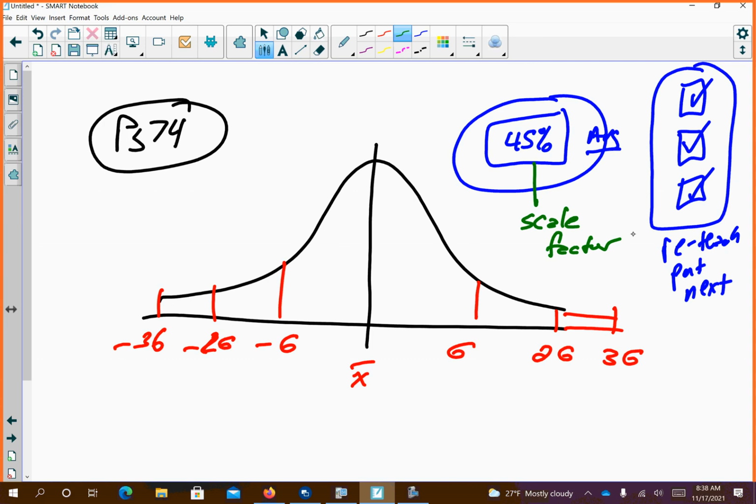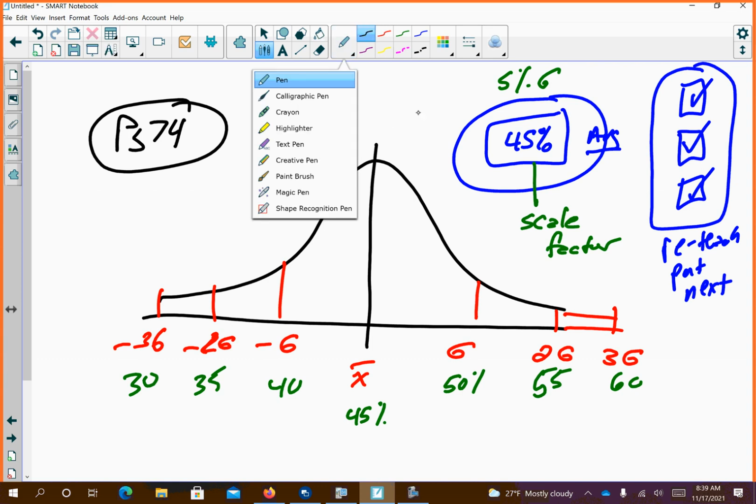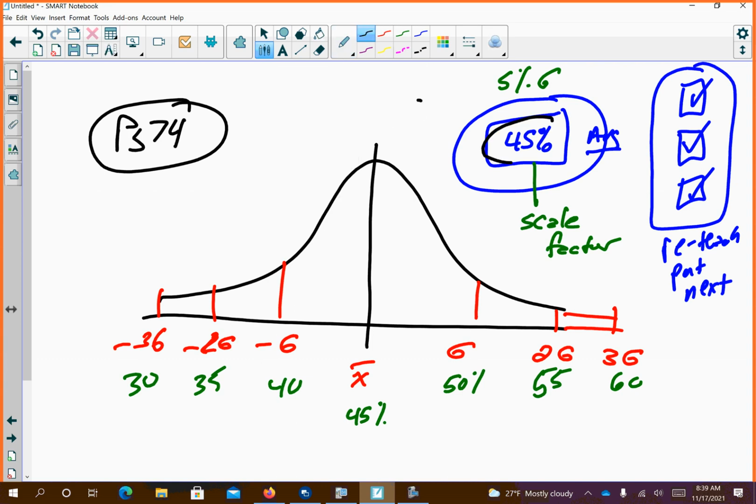Okay, so let's say right now my mean was 45%. And let's say the standard deviation, just to make it simple, was 5%. So then we have 50% grades, 55%, 60%, 40, 35, and 30. Now, if I decide, you know what, we want that to be the 70%.